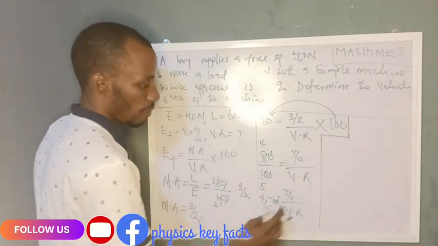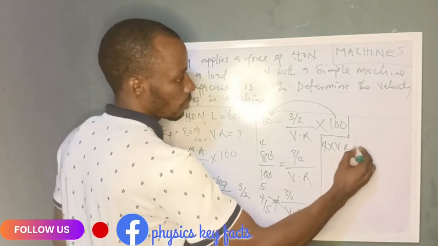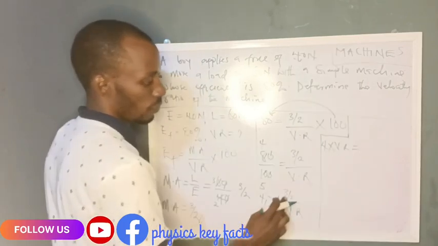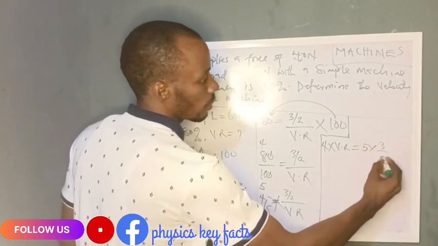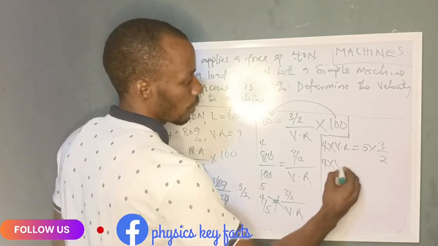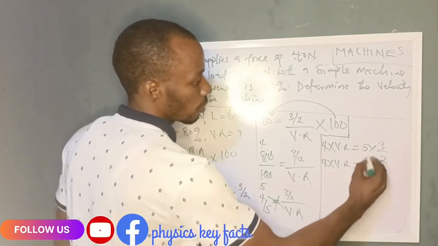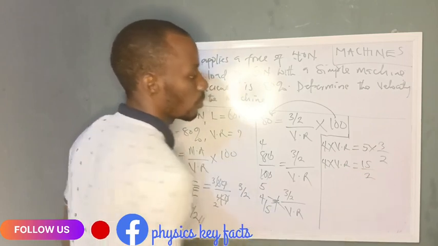I'm going to have 4 multiplied by velocity ratio is equal to 5 multiplied by 3 over 2. So 4 multiplied by velocity ratio is equal to 15 over 2, 5 multiplied by 3 is 15.